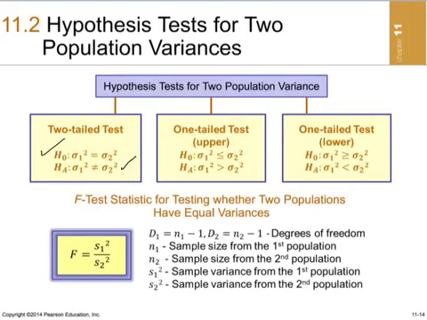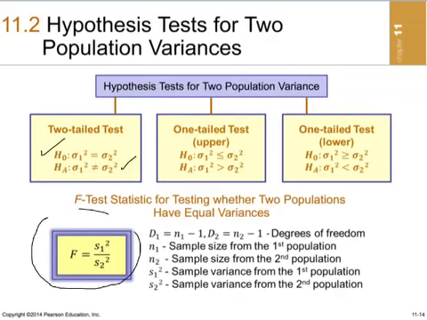Okay? Now, the F distribution is formed from the ratio of two sample variances. So here's our F distribution. And we have the degrees of freedom associated with each of those populations.